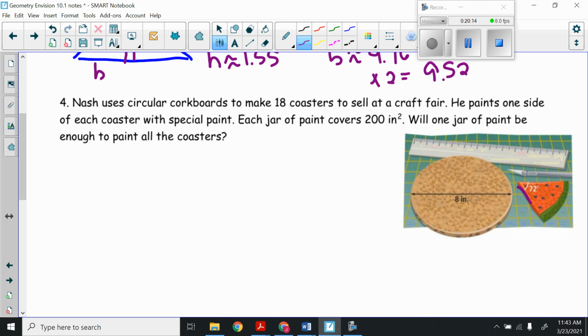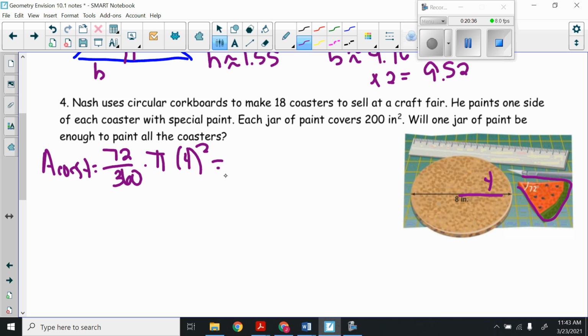So this gives me the picture of the coaster that we've pulled out. Okay, so let's find the area of that coaster. I see that my angle is 72 over 360 times pi times my radius. The diameter was 8, so that means that my radius is 4, squared. When I simplify everything here, we end up with 16/5 pi, which is approximately 10 square inches.